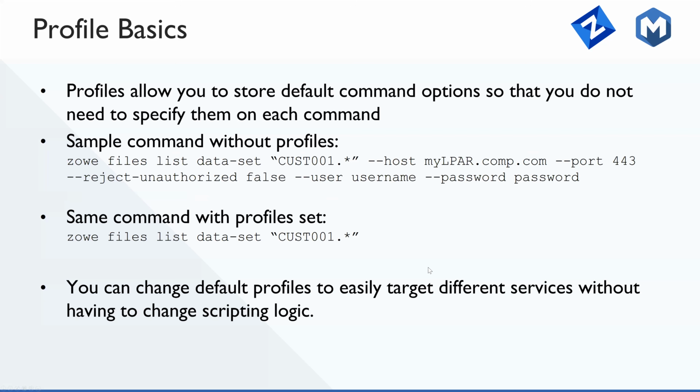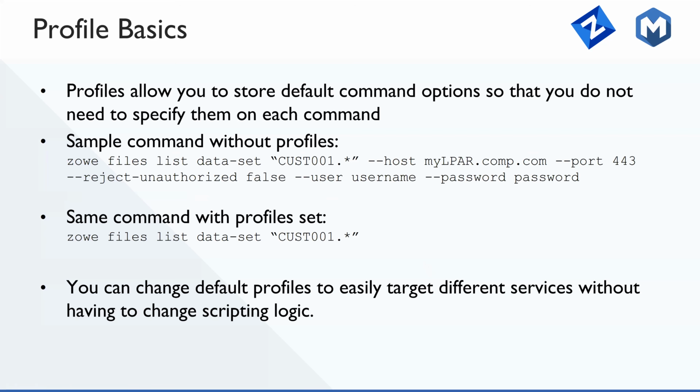Before I start talking about the improvements for the current PI, I want to take a moment to talk about profile basics: where we started, what we've done to improve the experience, and then I'll discuss where we're headed. So what are profiles in terms of the Zowe command line interface?